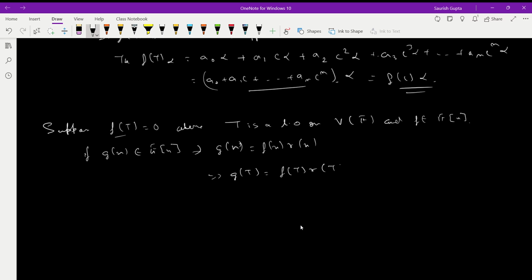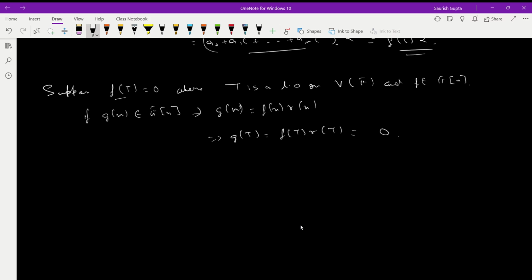Now, if g(x) belongs to F[x] such that f is a factor of g, so it's f(x) times some r(x), then g(T) is nothing but f(T) times r(T), but f(T) is 0, so it becomes 0 as well, right? So obviously any multiple of an annihilating polynomial is again an annihilating polynomial, right? Clear?